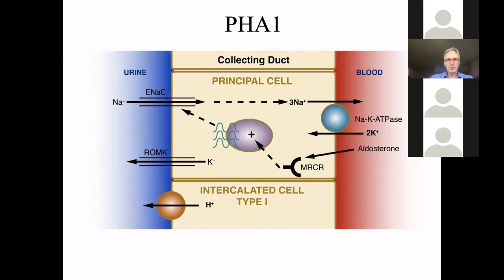So we're coming back to this cartoon that I showed you before, but in the Gitelman syndrome context, we had enhanced sodium absorption here. In this disorder, pseudohypoaldosteronism type 1, you have impaired reabsorption. There are two forms of pseudohypoaldosteronism type 1. There is the dominant form, which is due to mutations in the gene encoding the mineralocorticoid receptor.